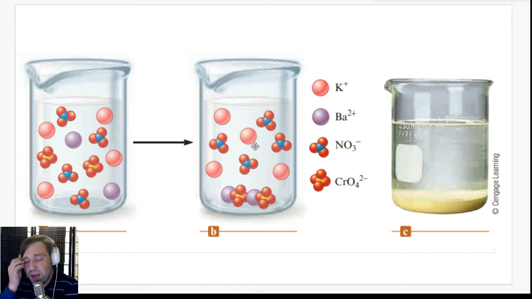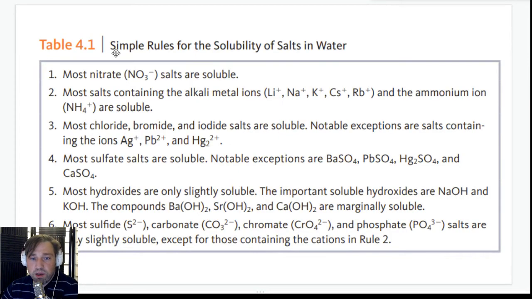Now, how are we supposed to know that? How are we supposed to know that barium chromate is insoluble? Why isn't potassium nitrate insoluble too? How do we know that? Well, here are some rules. Now, this is a big long list of rules. There are 6 here. There are some exceptions. For the sake of sanity, and quite honestly, the only 2 you can get away with knowing are these first 2.